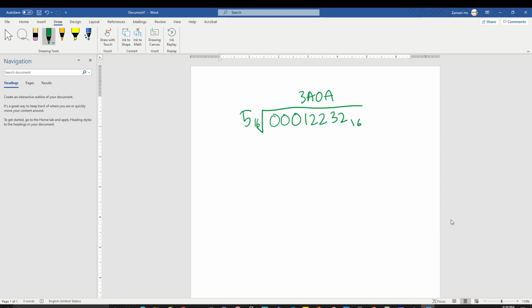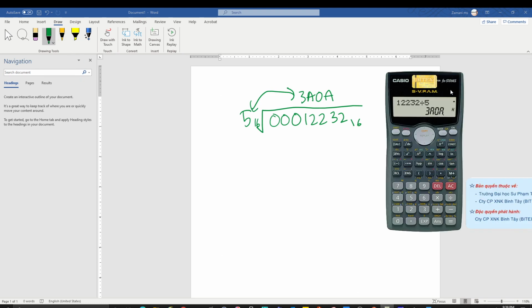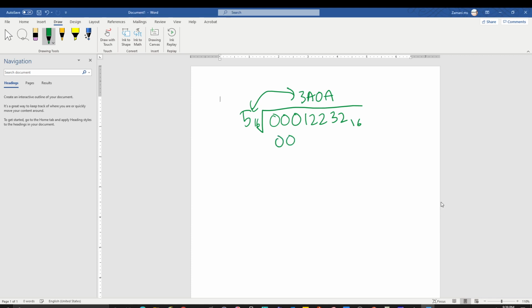And you can know that by multiplying this value, you can get the answer below here, and then you can find the remainder for it. So now this is the answer 3A, 0A times 5. Sorry, result answer times 5. So the same number 0, 0, 0, 1, 2, 2, 3, 2.